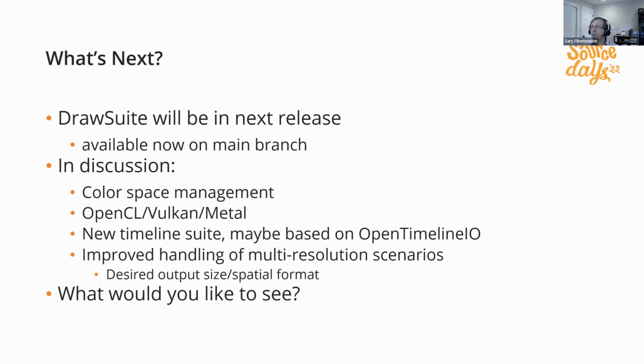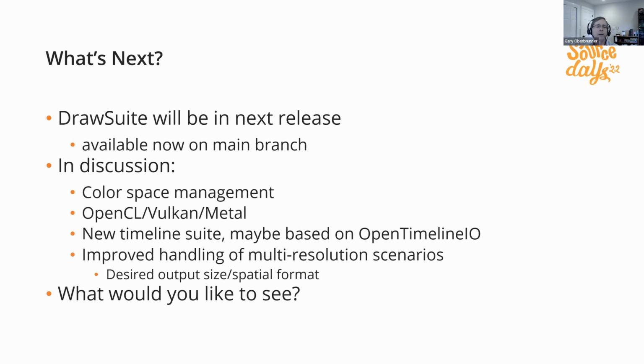Some other things that we have in discussion right now are full color space management. Probably we'll want to use OpenColor.io for that, but that's a topic for discussion. We do have CUDA texture exchange for fast GPU rendering. There are proposals for OpenCL, Vulkan, and Metal texture exchange as well.